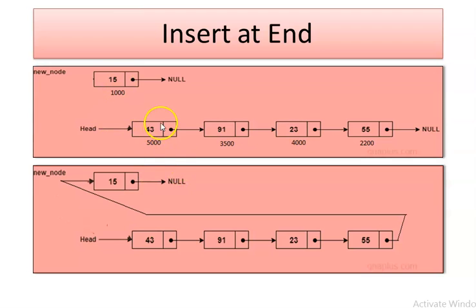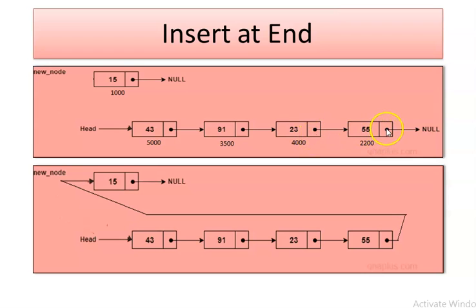So when we form a linked list, here we will be having the address of the second node, that is 3500 here, 4000 here, and 2200 here. Then only we can visualize this collection of nodes as a list connected by these links. So we should have 3500 here, 4000 here, and 2200 here.